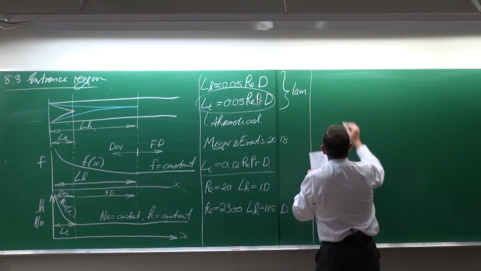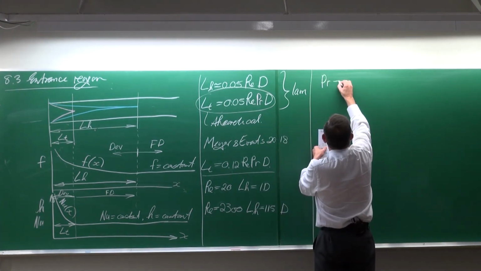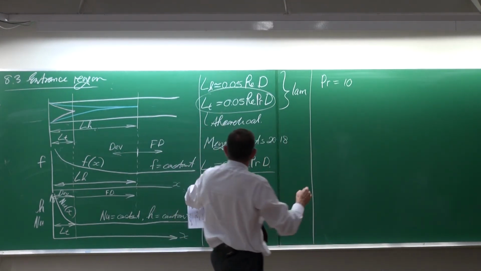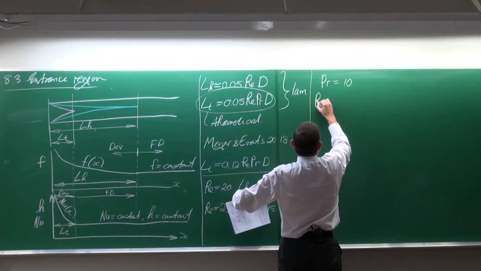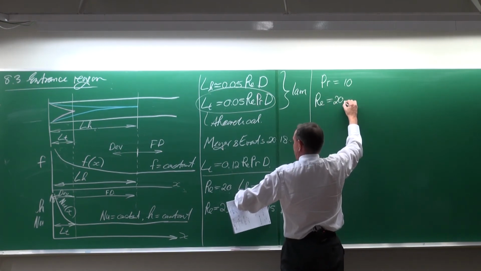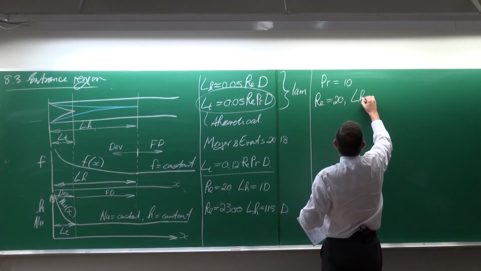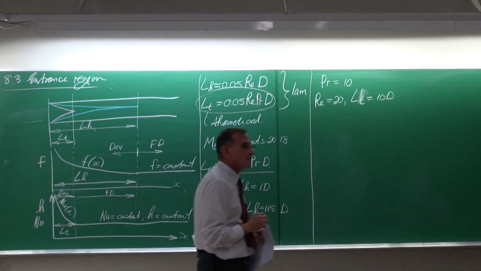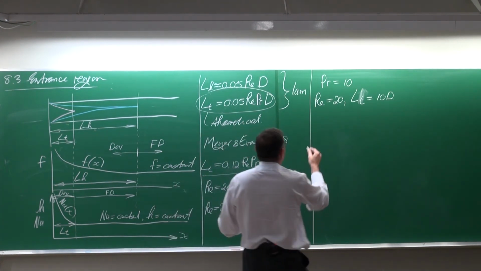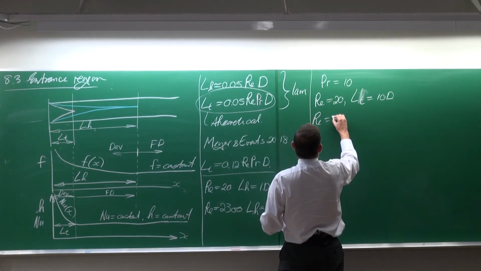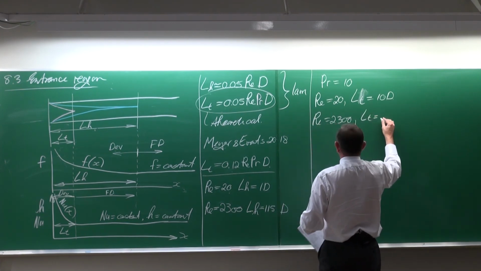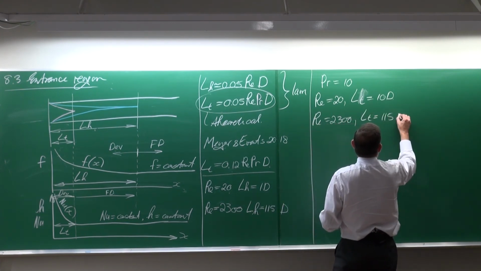Okay, let's suppose the Prandtl number is equal to 10. If the Prandtl number is equal to 10, for again this case of a Reynolds number of 20, then LT would be equal to 10 diameters. And for this case of 2,300, LT would be equal to 1,150 diameters.